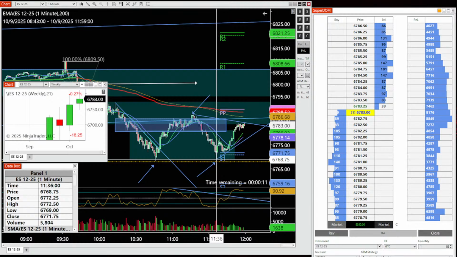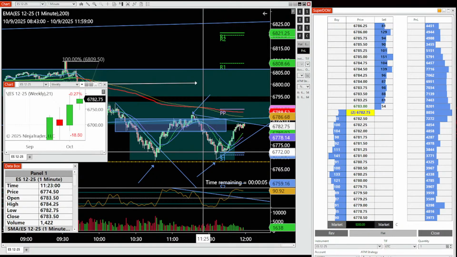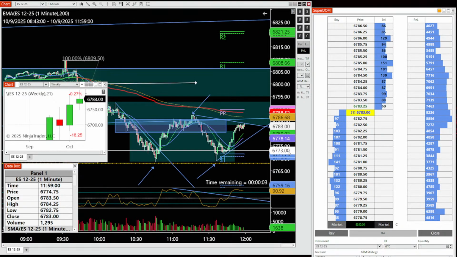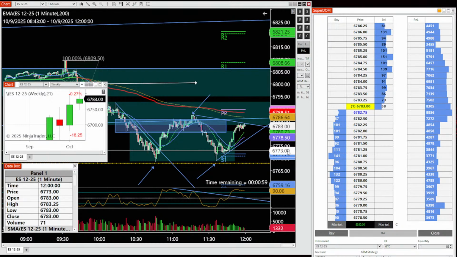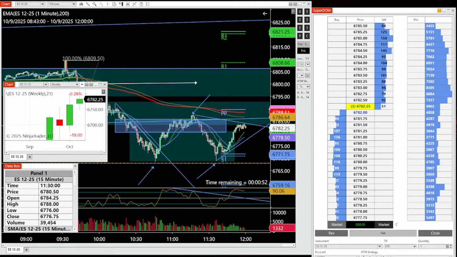So we're moving 20 points. 69, 68, 88. We've been moving in 20-point moves up and down on a 15-minute chart. Down, up, down, up.